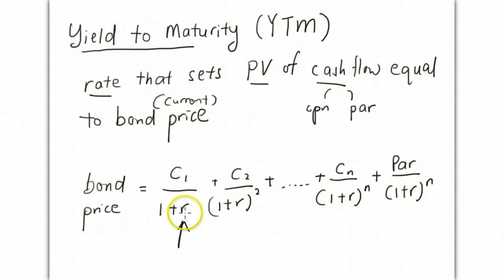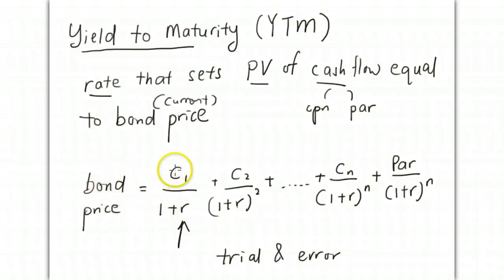We were not told how to do that in secondary school. We only worked up to the term R squared. So how do we deal with R to the power of N and so on? What we can do is use something called trial and error, which means we try a random value of R and see if it gives us the bond price.